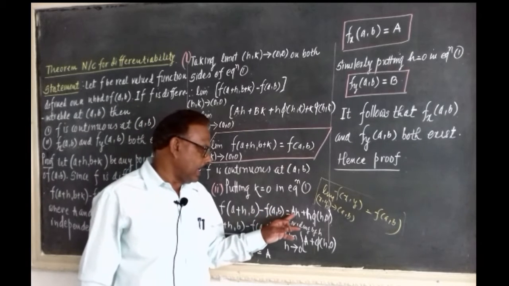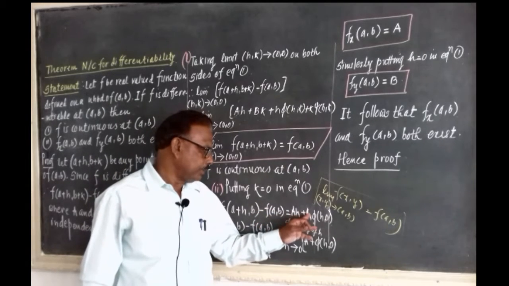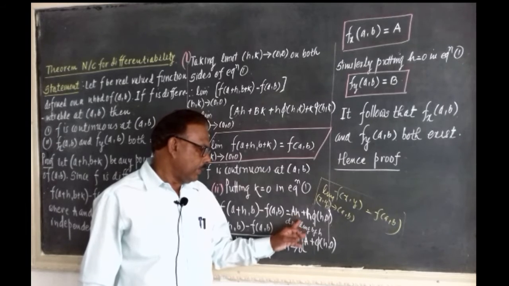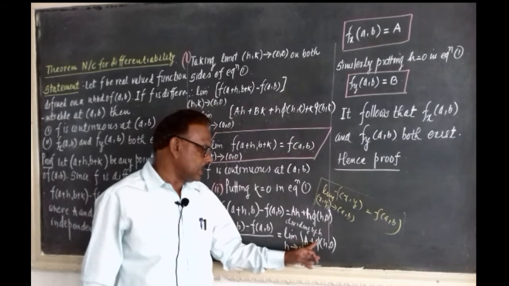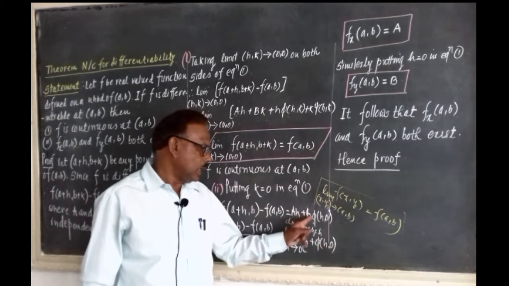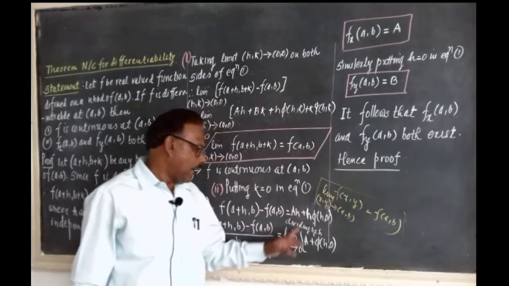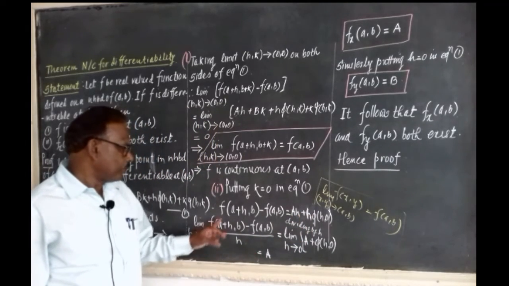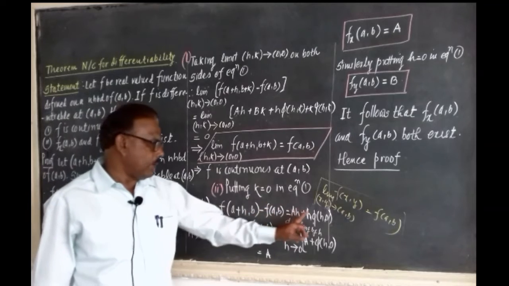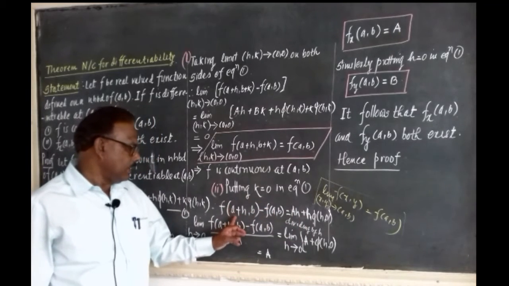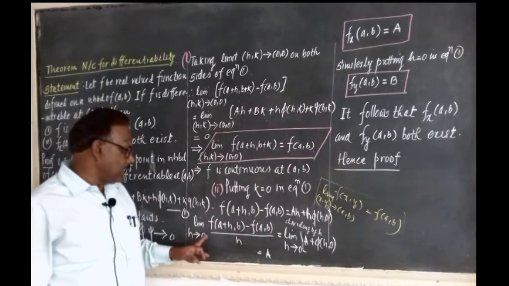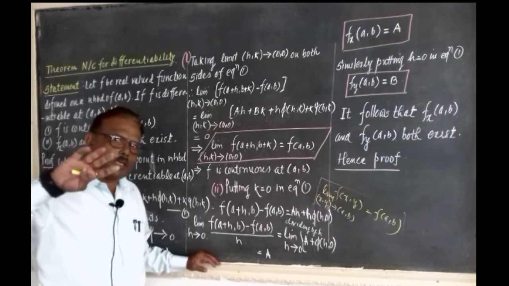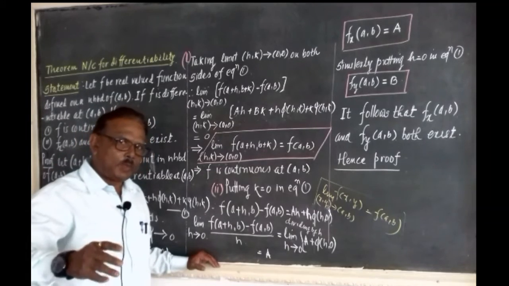Now I am taking h common from this part, then the remaining term will be a plus phi of h, 0. We are taking h common, dividing to the left hand side and taking the limit as h tends to 0.